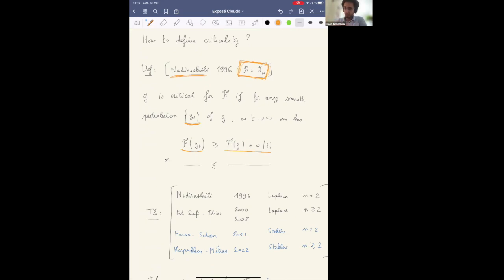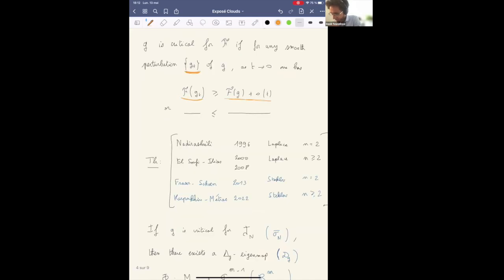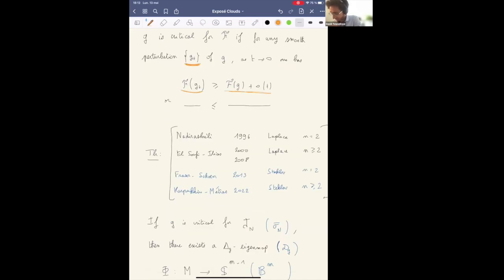So when we approach from one direction, we are infinitesimally above f of g or below f of g. And this definition allows us to get many results.